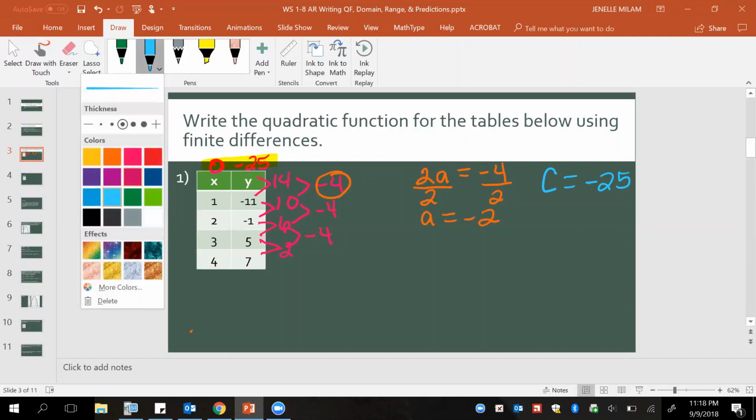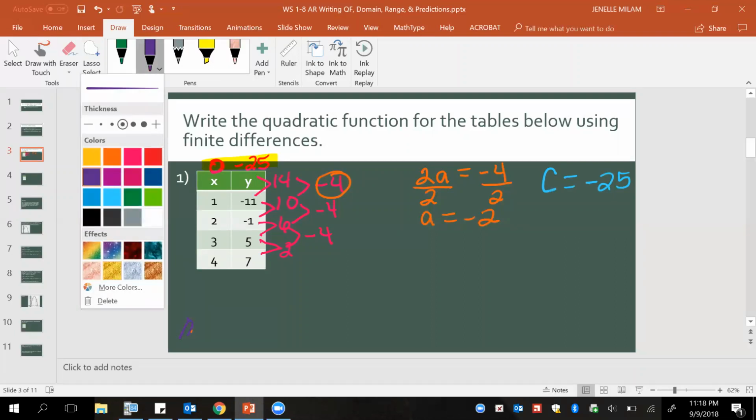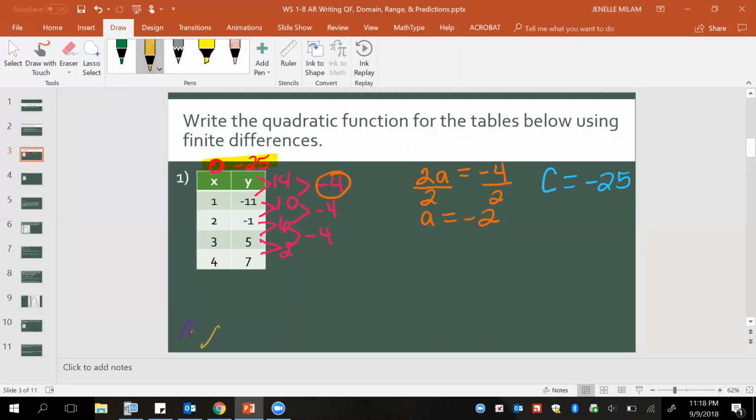So to get our b value, you always want to go where x is 0, and you're going to look at that difference that's right there. So you got 14, so we're going to have a plus b. The a plus b will stay the same.